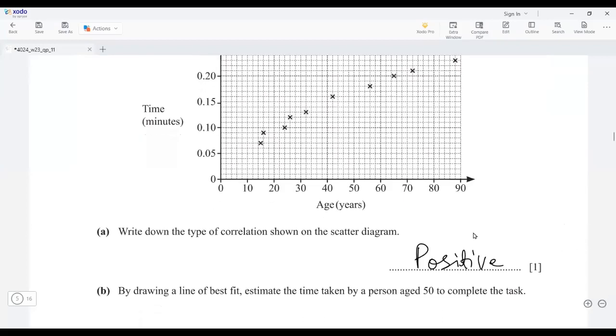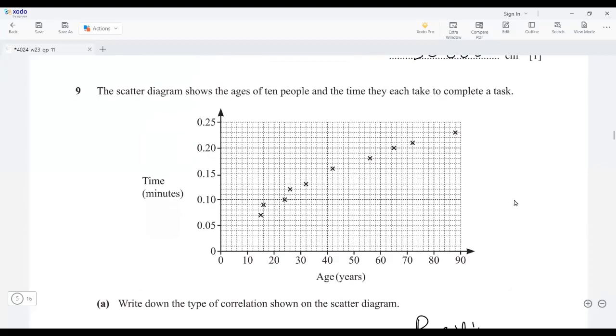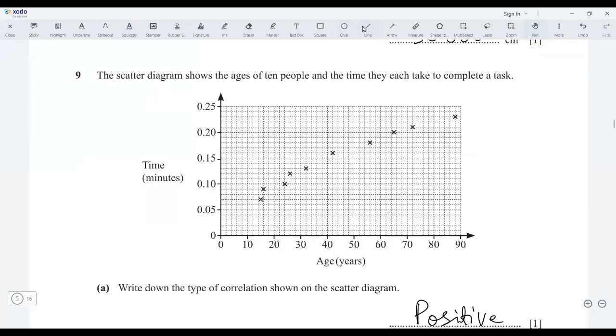So what we have to do in the next question is draw a suitable line, that is basically the line of best fit we call it, and then we have to estimate for the person aged 50 to complete the task. So I'm going to make a line, and then you can understand that the maximum of the points are lying on it, or they are near to it. It means if we are looking at the points above and below it, they should have about the same distance from it.